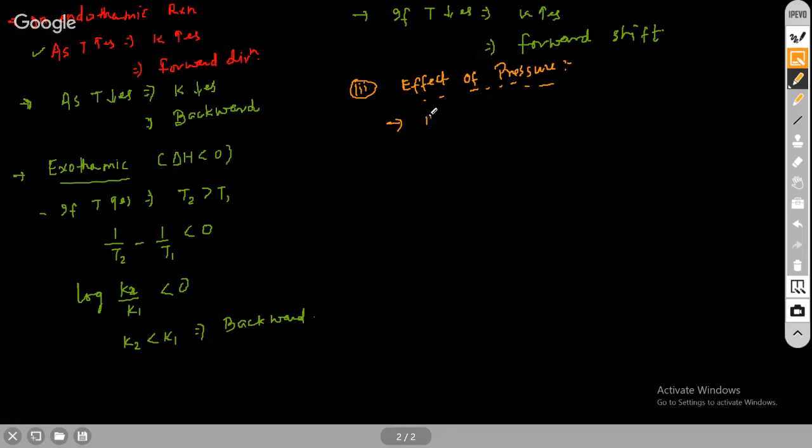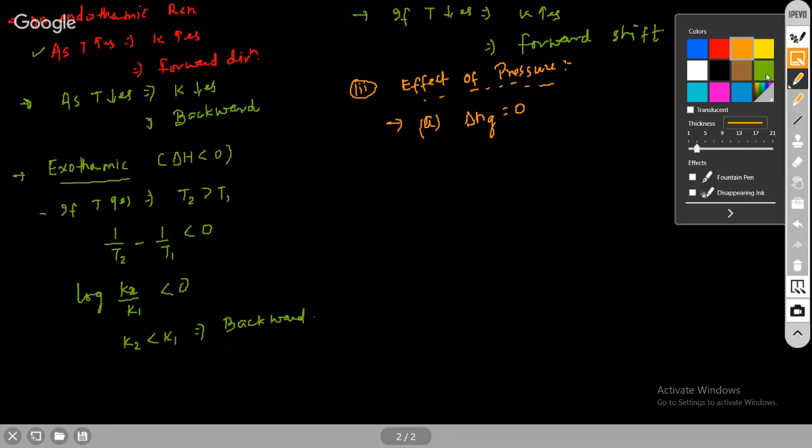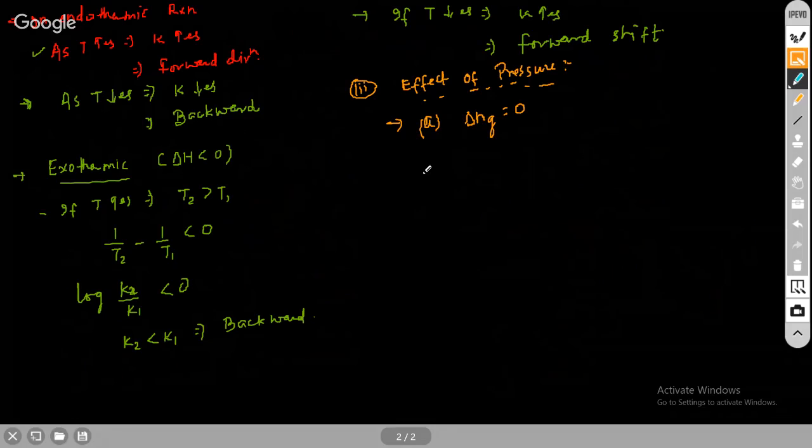The first one in this, when the reaction has del Ng value equal to 0. Okay, which means what? The reaction is, suppose I assume a general reaction: A gas plus B gas gives you C gas and D gas.